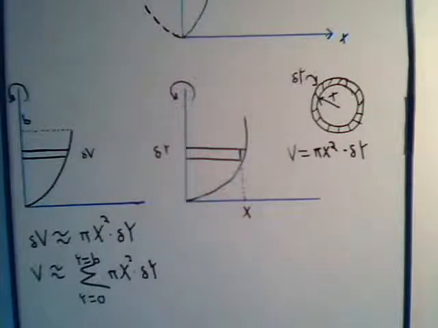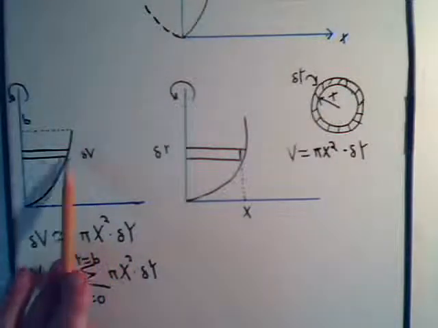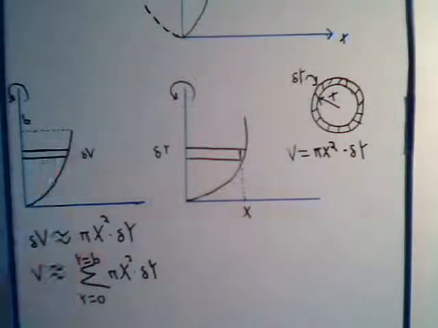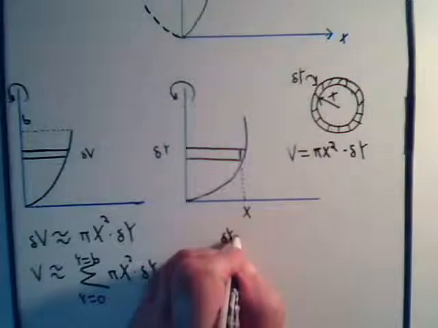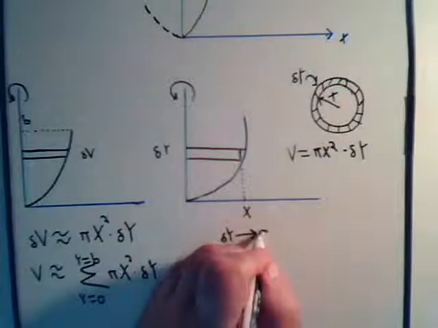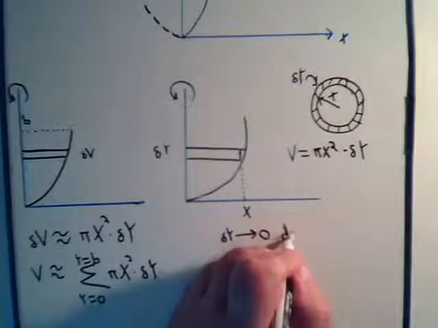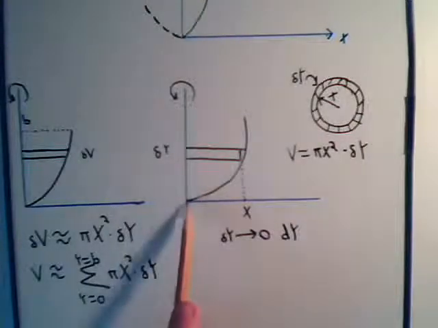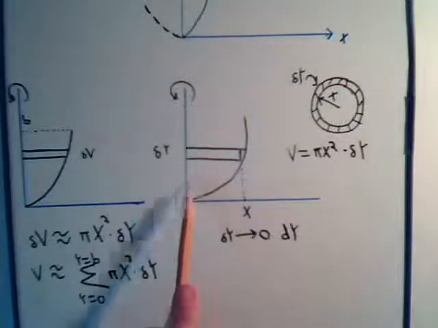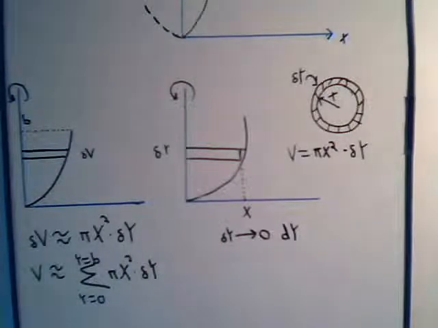So as we continue refining our process, the volume becomes a closer and closer approximation to our strip of volume, delta V. And imagine then that delta y is approaching 0, so now we have differential y. Imagine infinitesimally small dy's as the basis of our circular disks.